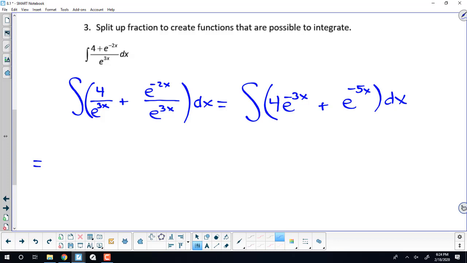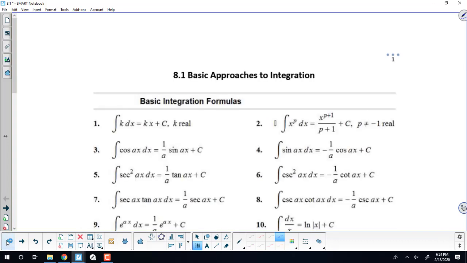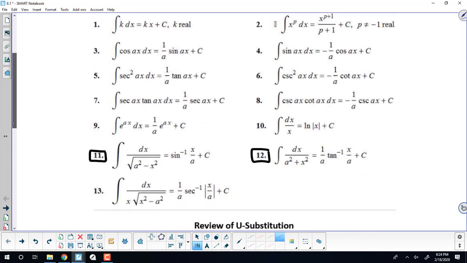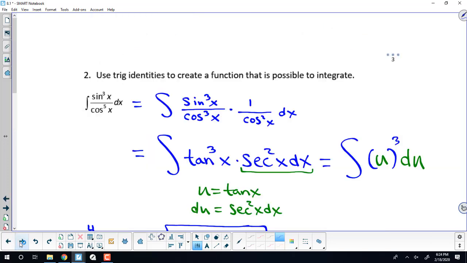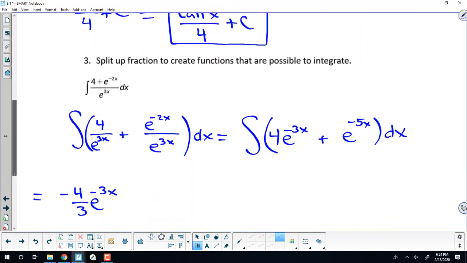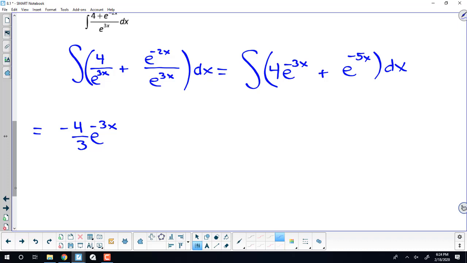Yes. Negative 4/3 e to the negative 3x. I think that's number 9, with a being negative 3. And plus the antiderivative of e to the negative 5x, same thing, it's e to the negative 5x divided by negative 5.